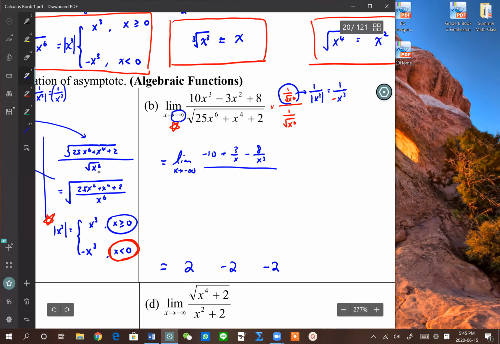Now denominator will be same as before because they both have square root, right? Nothing to worry about, no sign change. 25 plus 1 over x squared, just like before. Okay, and then we make things goes to 0, goes to 0, goes to 0. So you're left with -10 over 5. So answer is -2.